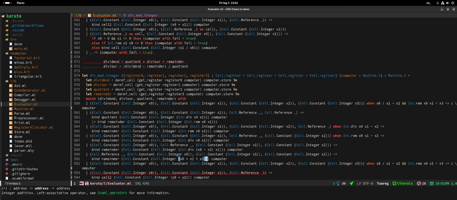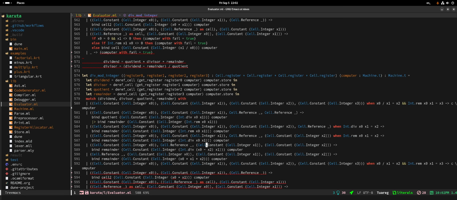Okay, let's see if we're covering all the cases. This is missing only the remainder. This is missing the quotient. This is missing the divisor, and this is missing the dividend. We have four cases with one reference. We have one case of having two references. We have one case where everything is a number.